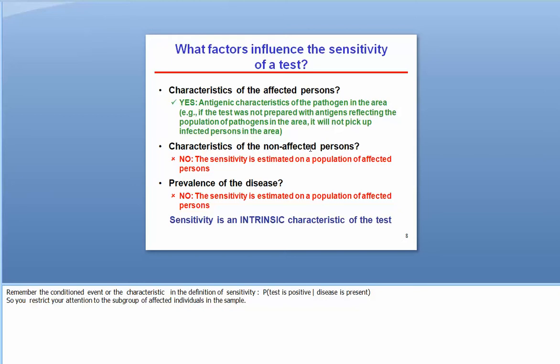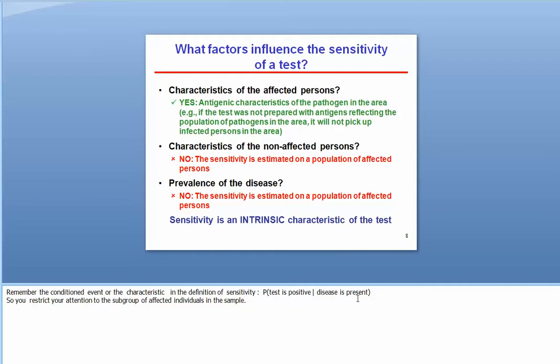Because see, what is sensitivity after all? It is a conditional probability, because you are restricting your attention only to those who have the disease. It is conditioned by the event or the characteristic that the people you consider have the disease.